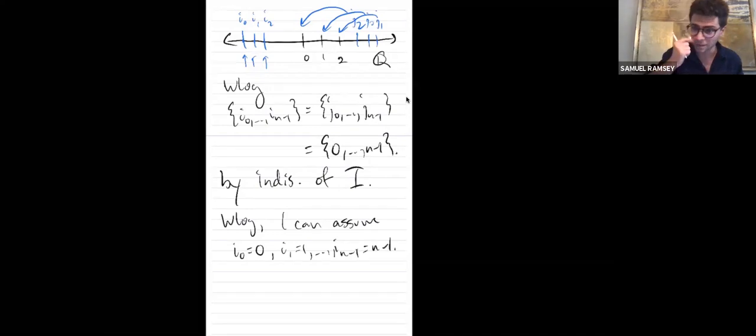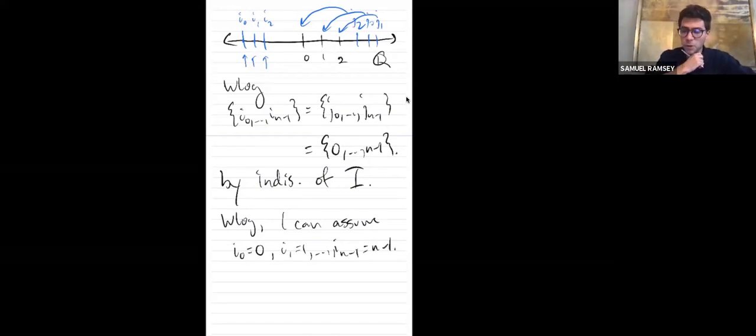Now, this is a little bit less clear, but let's think about why. The tuple i_0 through i_{n-1} and j_0 through j_{n-1}, they can't both agree with the tuple 0 through n-1.